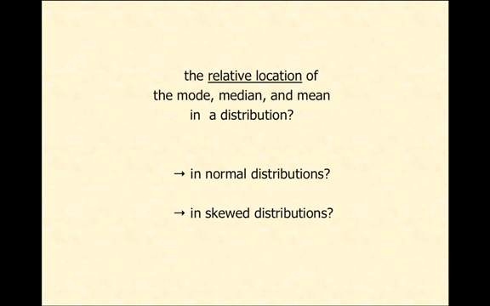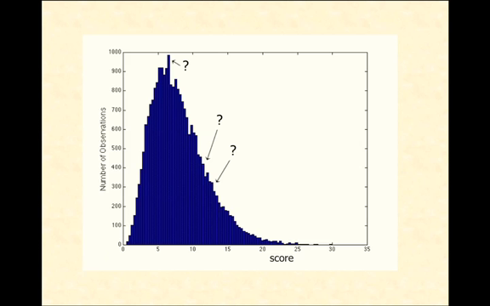So let's take a look at 2 or 3 examples here. So if we look at our first question mark up here, what is this score? This bar is the highest bar, which means that there are the most of the scores at, say, looks like it's about 7 or 6, somewhere in that range. And that score happened the most frequently.